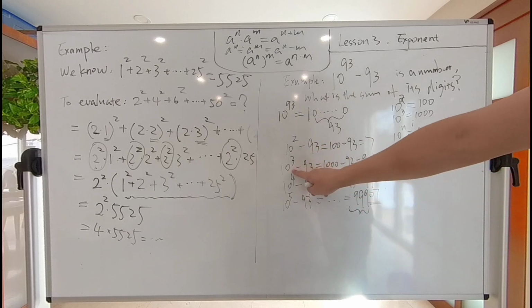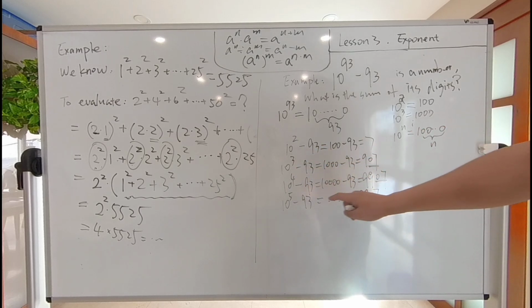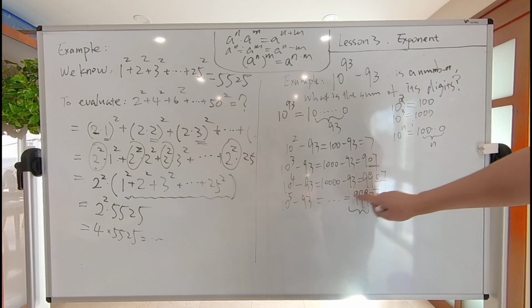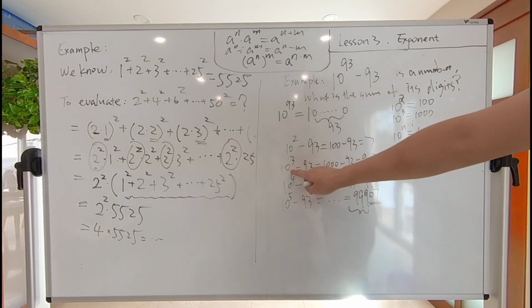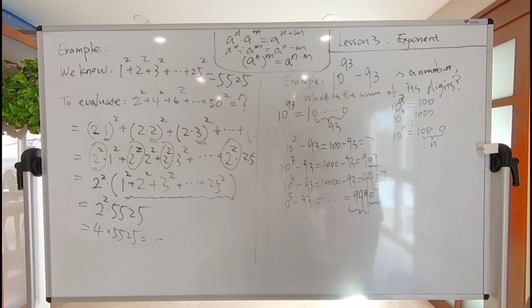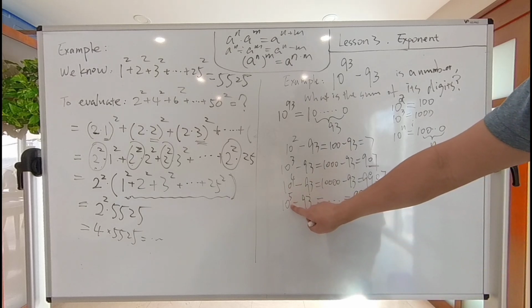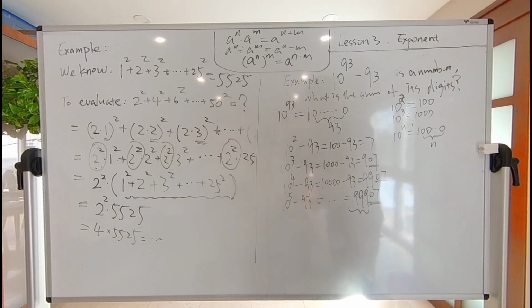And you see the pattern. If the power is 3, I have 1 nine. If the power is 4, I have 2 nines. If the power is 5, I have 3 nines. Basically, starting from 10 cubed, each additional power of 10 gives one more digit of 9.